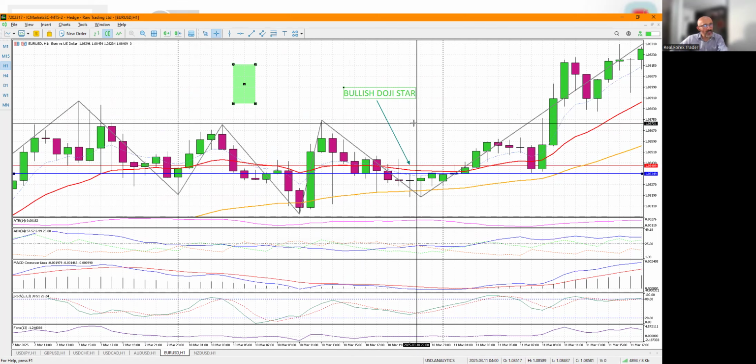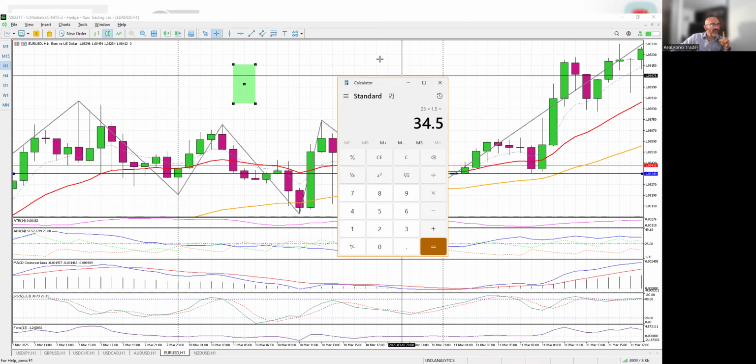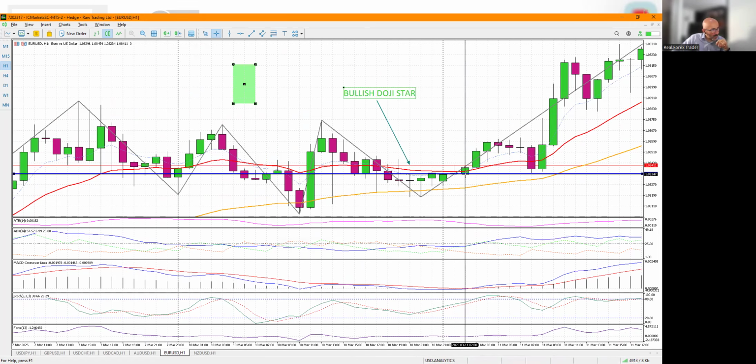So I'm going to multiply 23 times 1.5 ATR. That is going to be my stop loss on 34.5. So I'm going to set the stop on 34.5.